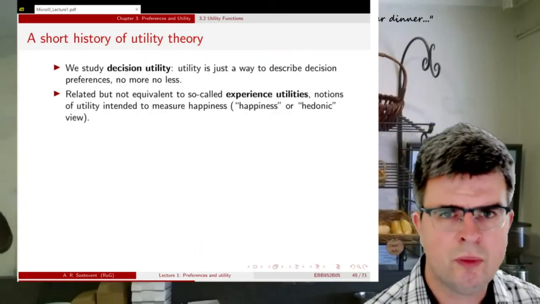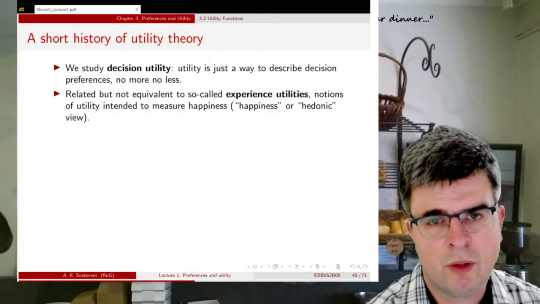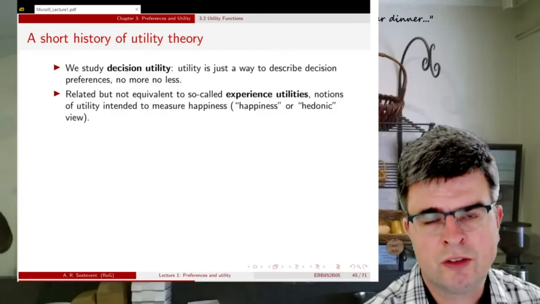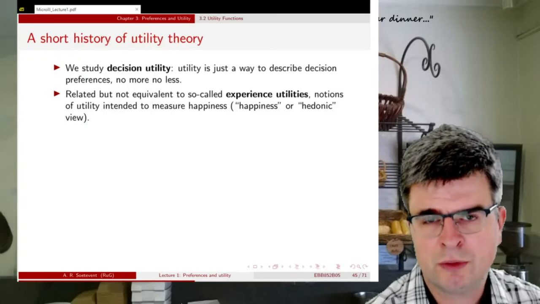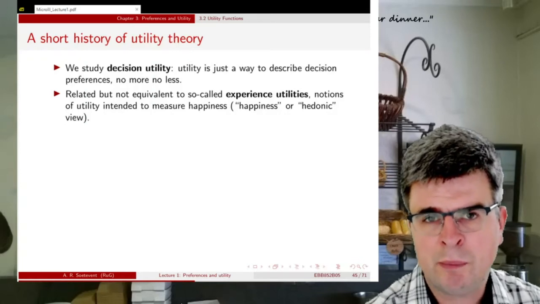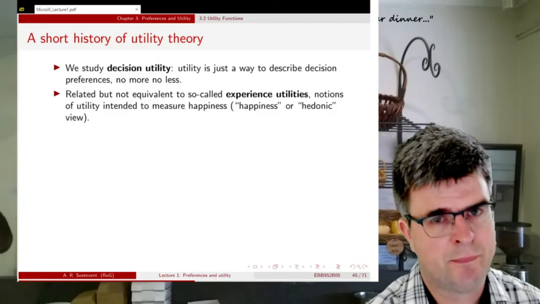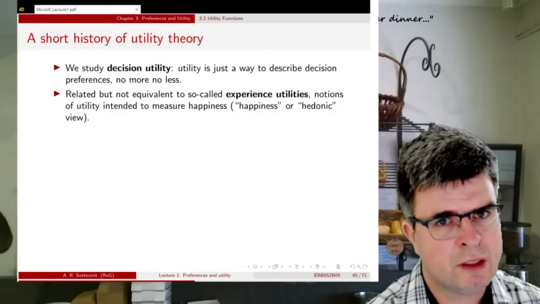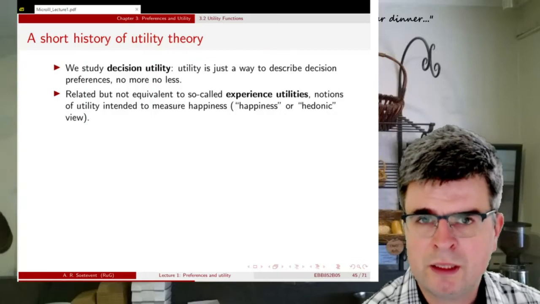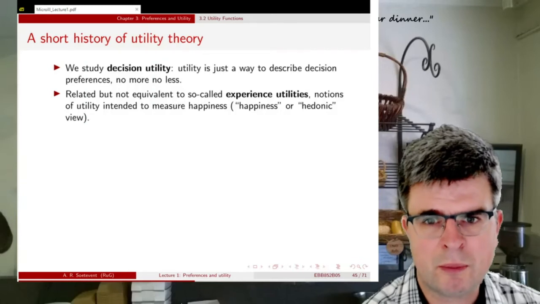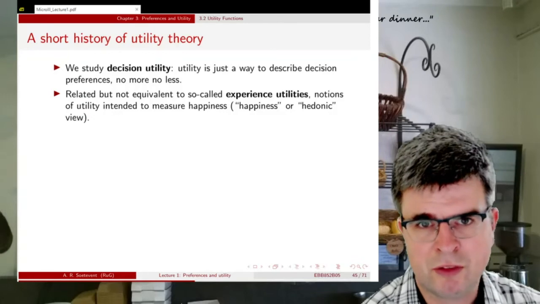It is important to note that what we study is what is called decision utility. We use utility functions just as a way to summarize decision preferences. It allows us to summarize how people choose between two alternatives. Not more, not less. In a historical perspective, this is a departure, because in the late 1700s people like Jeremy Bentham didn't use decision utility, but experience utilities.